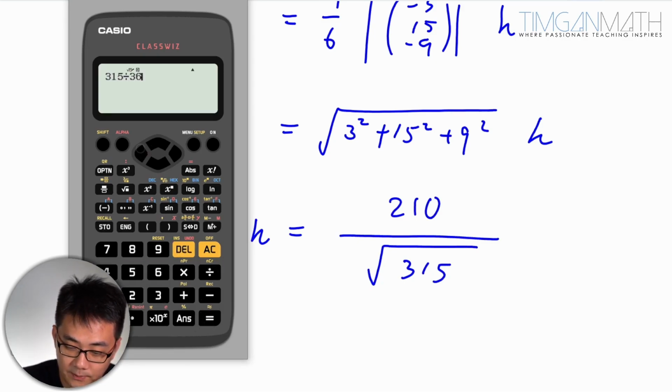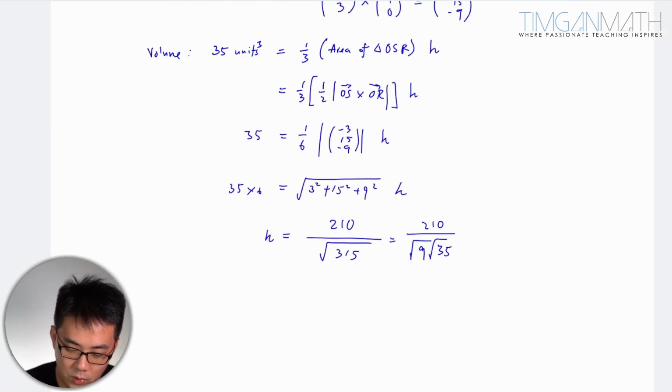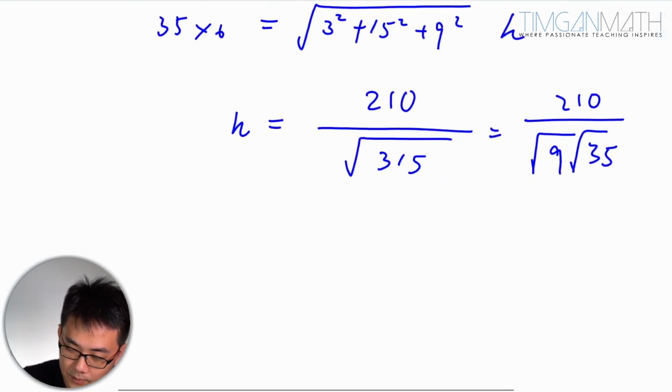Divide perfect squares. I think 9 can. So square root of 315 is 3 root 35. So 9 and 35. 210 divided by 3 would be 70.